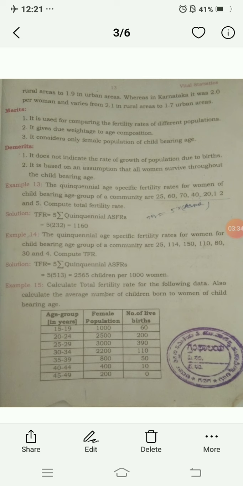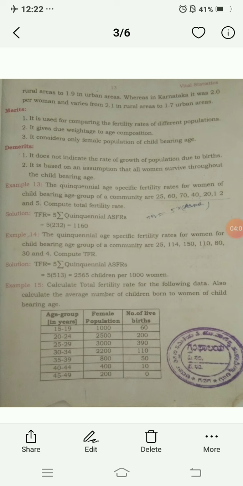So you need to take the sum of the age specific fertility rates: 5 into 25 plus 60 plus 70 plus 40 plus 20 plus 12 plus 5. Multiplying by 5, you get 1160 children per 1000 women. Here we are finding the total fertility for 1000 women.